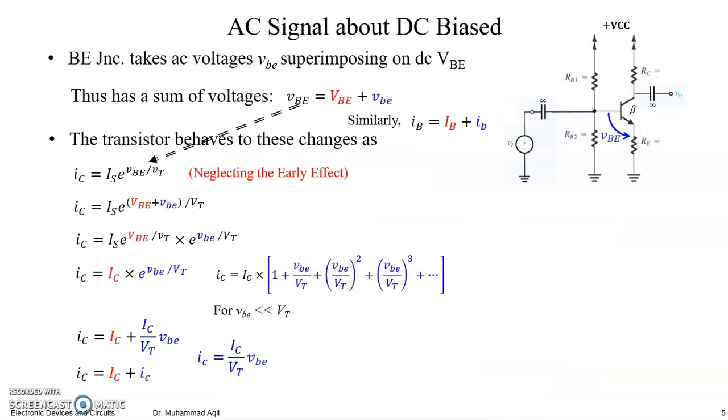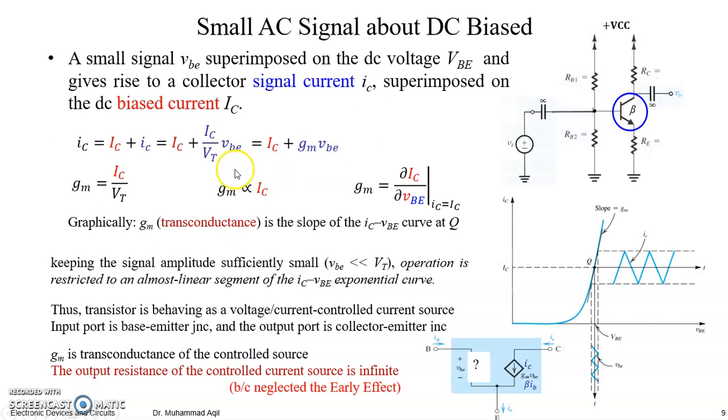If we would have taken the Early effect here instead of neglecting it, we would have a current source with an output resistance here, right?